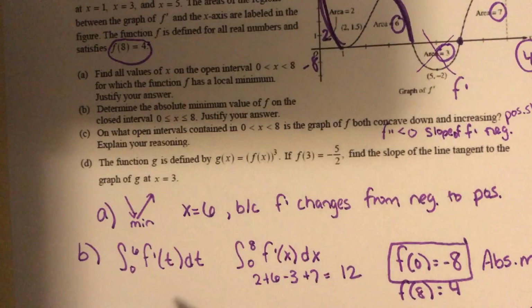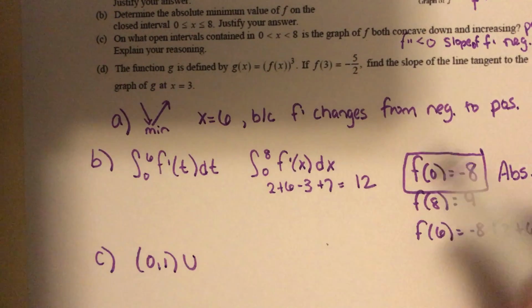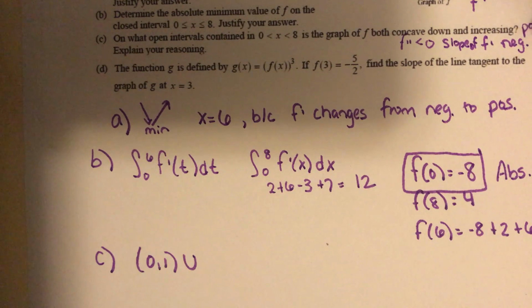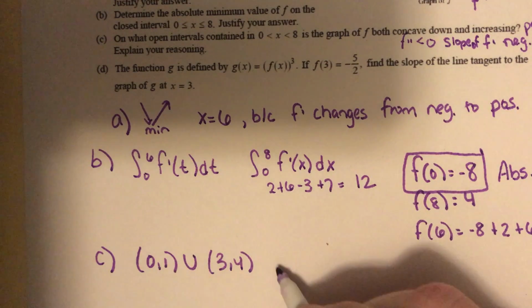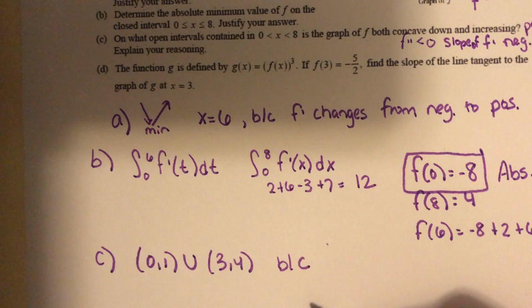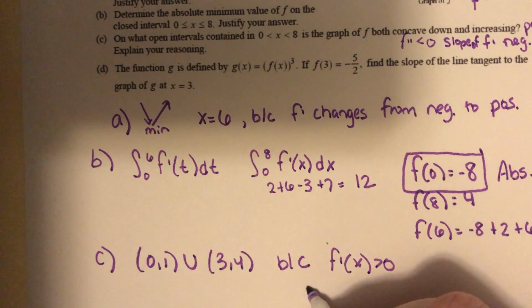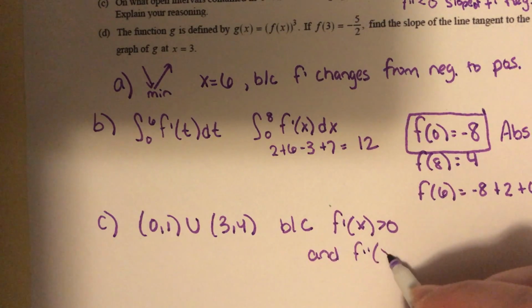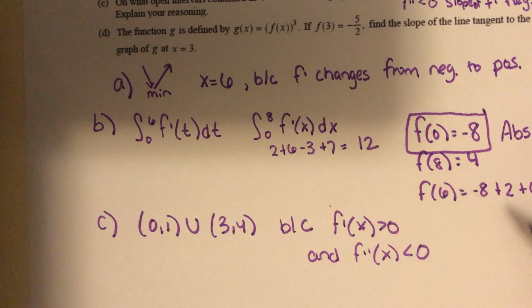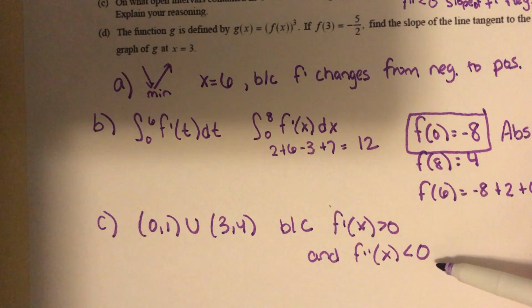So I would say, and I'm going to make a list from 0 to 1, and 3 to 4, and that's because there the slope is positive, so f prime is positive, and f double prime is negative. So this is showing that our slope is increasing, and this is showing that our graph is concave down.